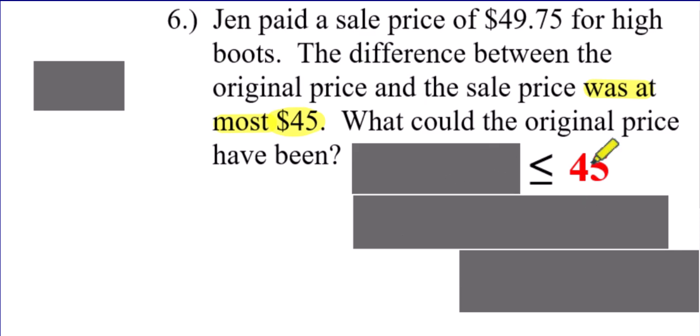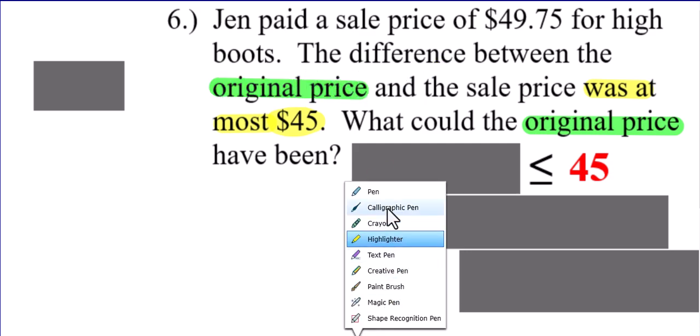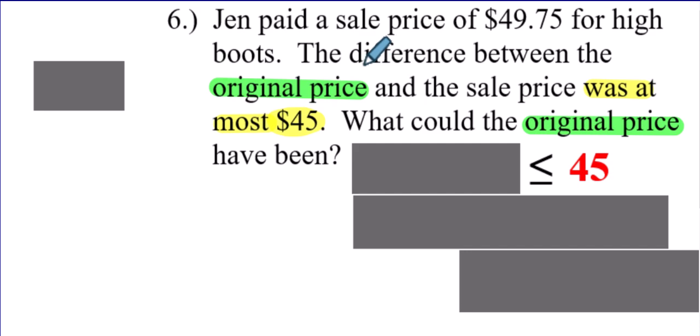Well, we're trying to find the original price. And they mention here about the original price, but notice what it was talking about in this situation. It was saying the difference between the original price and the sale price. By the way, they already gave us the sale price way up here as $49.75.